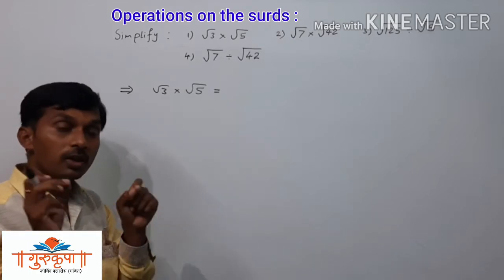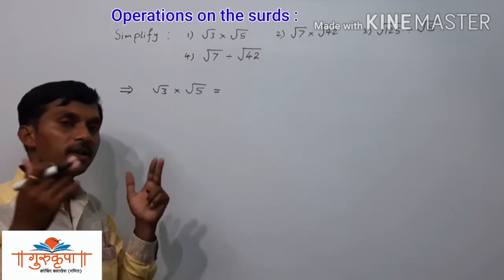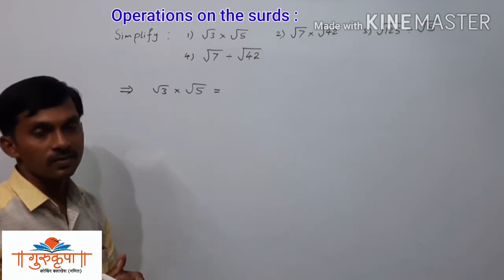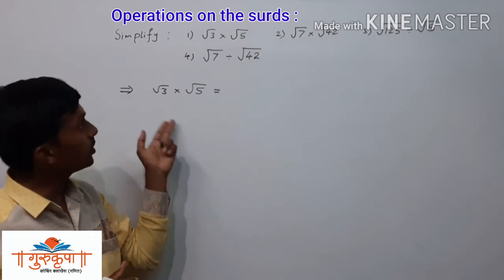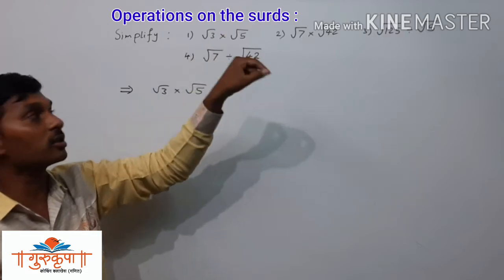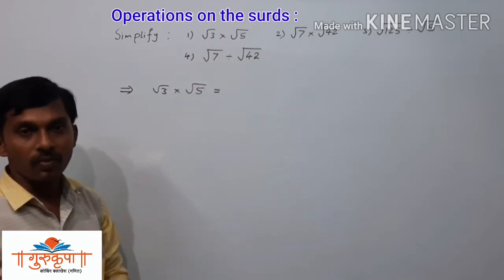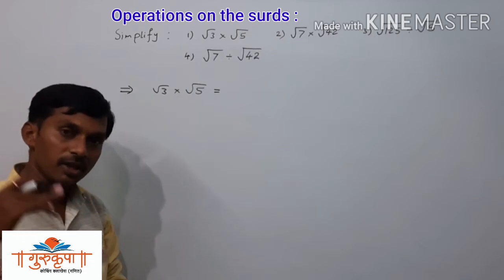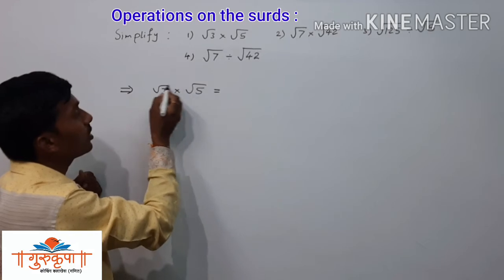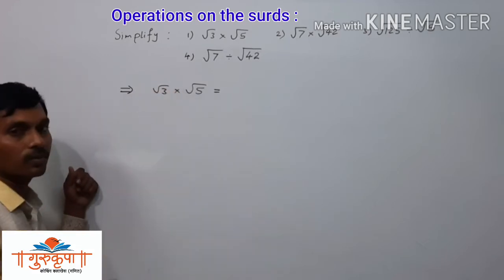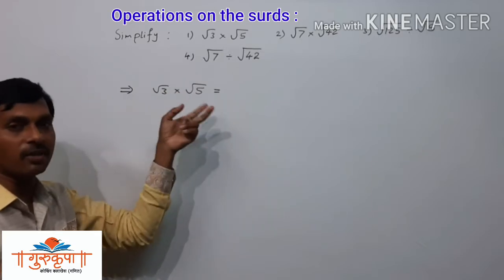Only if the orders are the same, we can multiply or divide the surds. It is not necessary that the given surds should be similar surds to multiply or divide. While taking the multiplication and division, it is very important that only their order should be the same. If the given surds are like surds, then definitely we can multiply or divide.